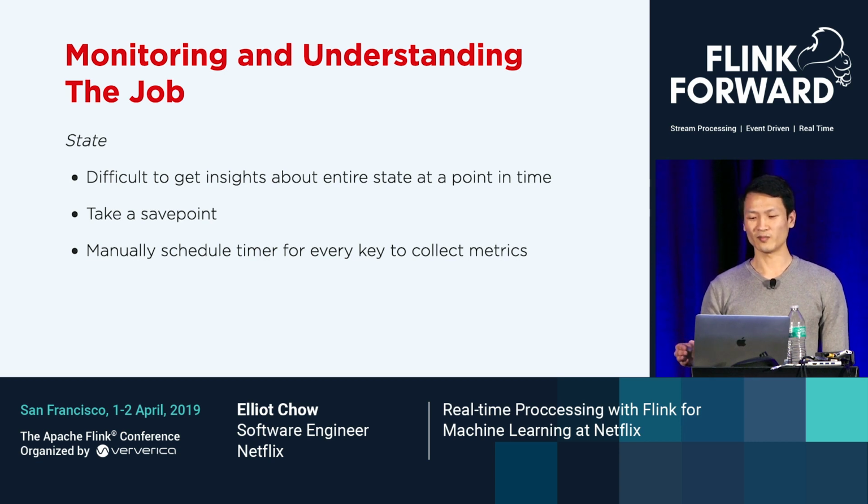You also are forcing your job to read basically all of your state at some point in time, so that can be expensive. So you might want to randomly sample it. And if you're using processing timers already for business logic, it's a bit hard to tell if the trigger that you're processing is for metrics computation or for your actual business logic.